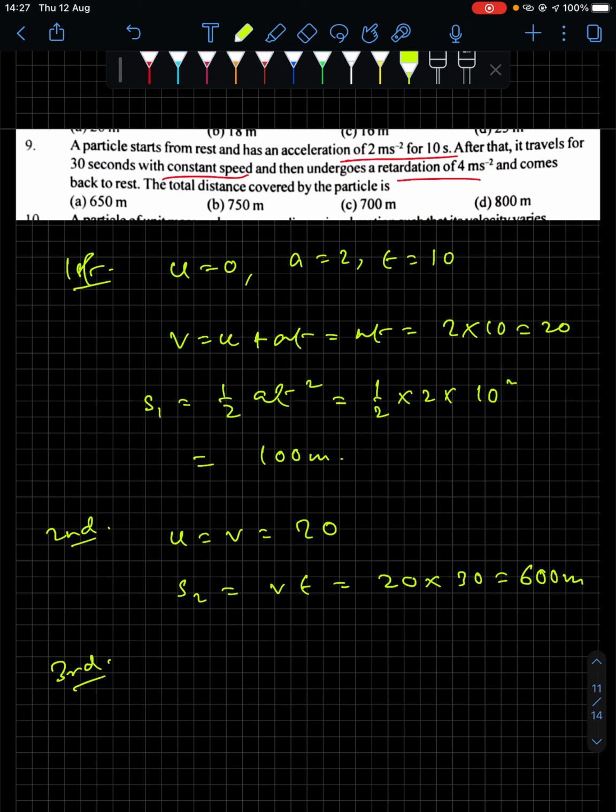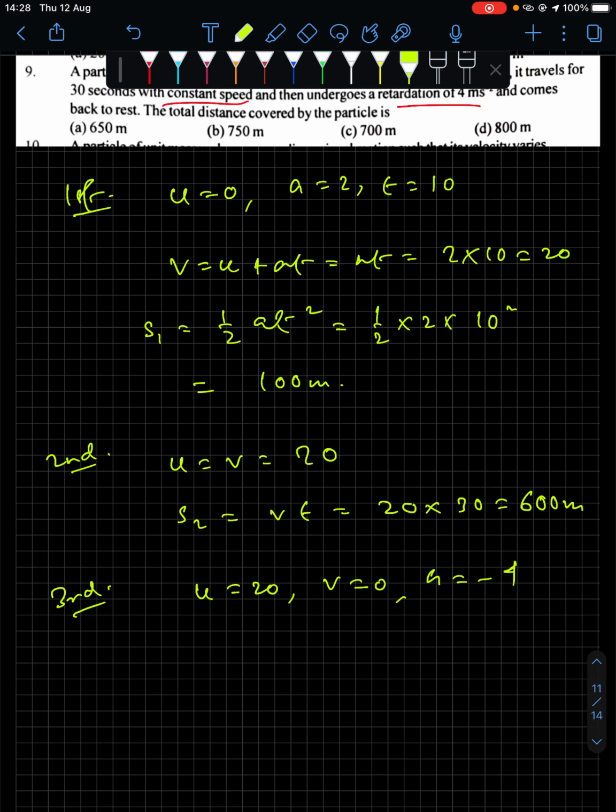Now see the third part. So third part is there is a retardation of 4 meter per second square. So here you can consider initial velocity is 20, final velocity is 0, coming to rest finally, and acceleration is -4.